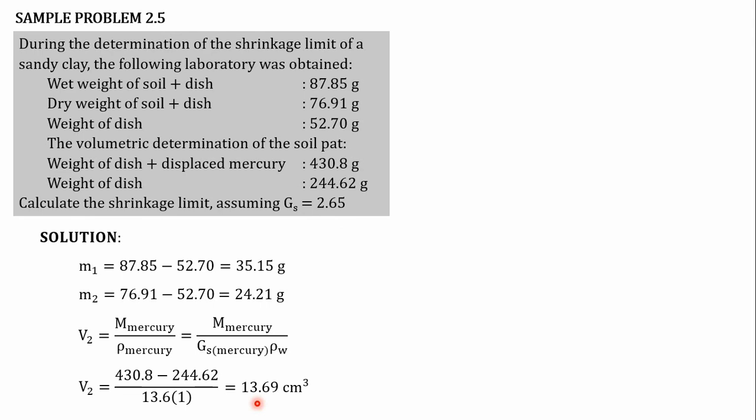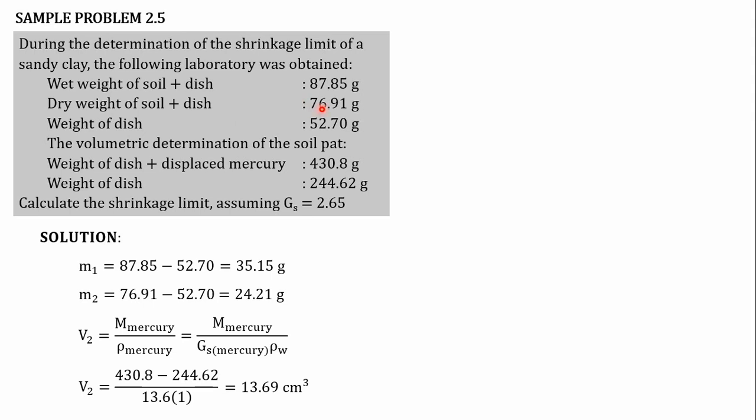Now, class, there are two formulas, right? The first is the shrinkage limit equals (M1 minus M2) divided by M2 minus (V1 minus V2) over M2 times the density of water. In this formula, class, we have no initial volume given, so using that formula we cannot solve the shrinkage limit.